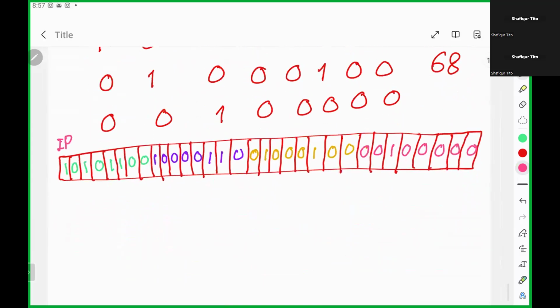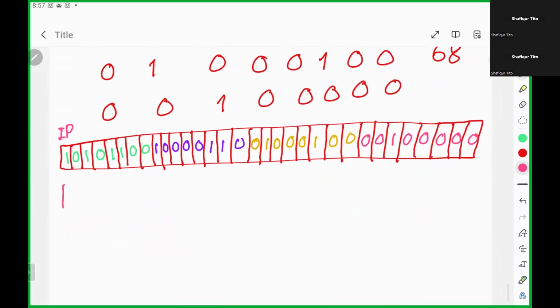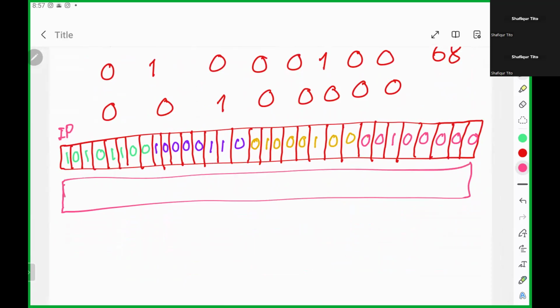So that means the subnet mask will be, so similarly I will make a box and 2, 4, 8, then 16, 32.